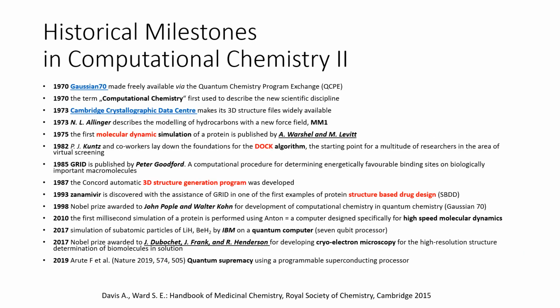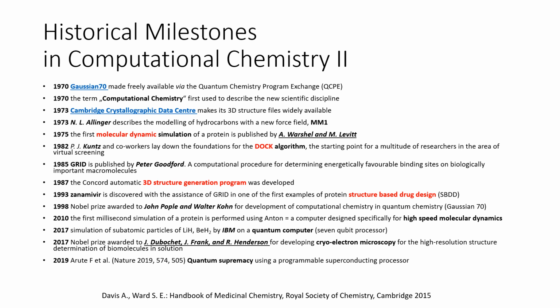The history continued in the 70s with several discoveries or breakthroughs. Gaussian 70 was made freely available via the Quantum Chemistry Program Exchange. In the same year, the term computational chemistry was first used for description of a new scientific discipline.